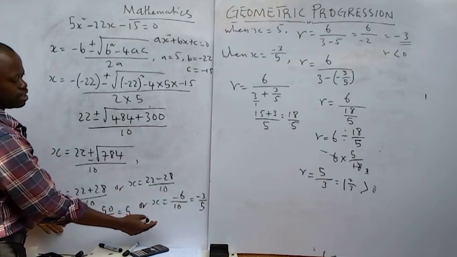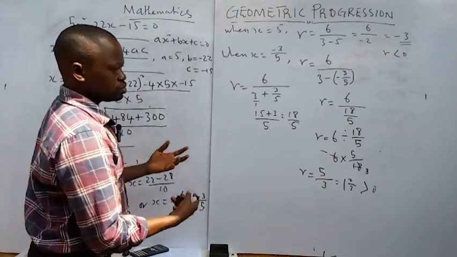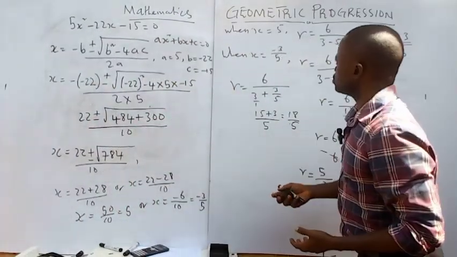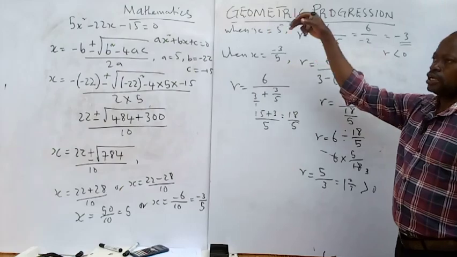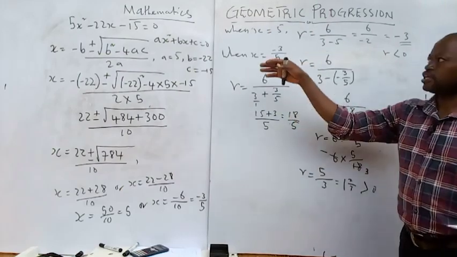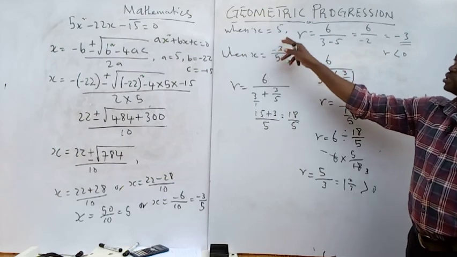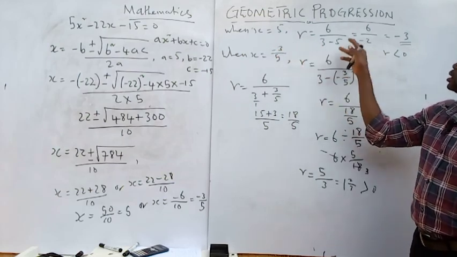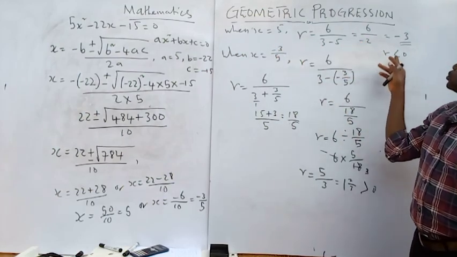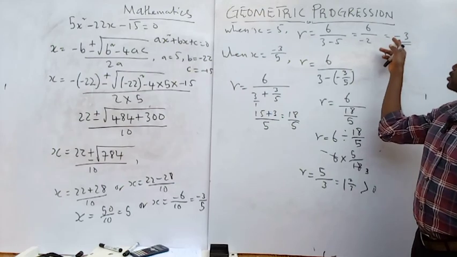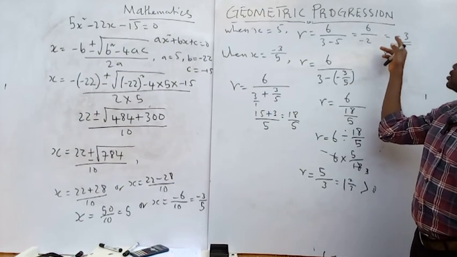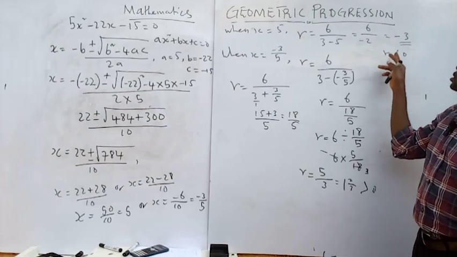And then I tried to see, according to what the question gave as a condition, that the common ratio is greater than 0. I started testing the values of x to see which one is greater than 0. Substituted this, and then I was able to get minus 3. This minus 3 is for r less than 0.